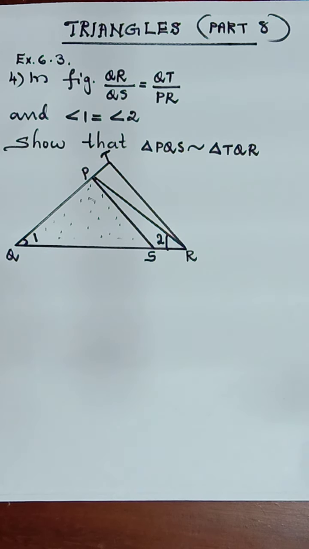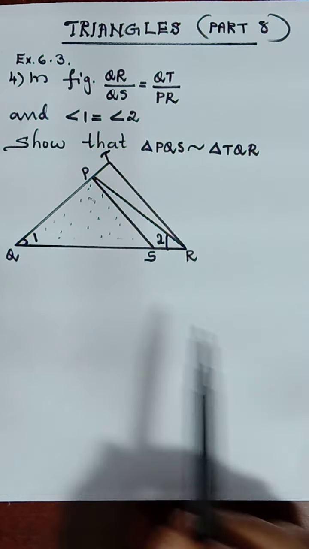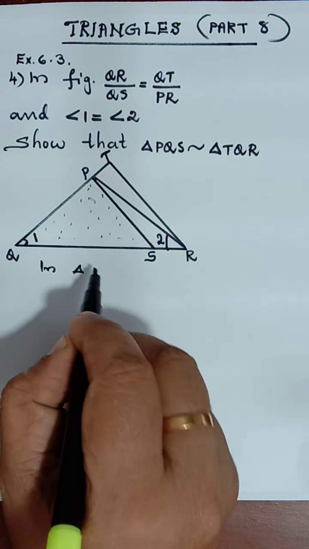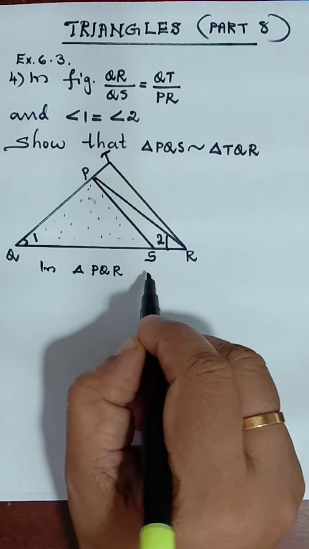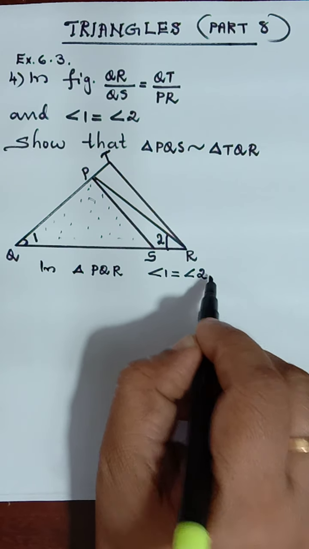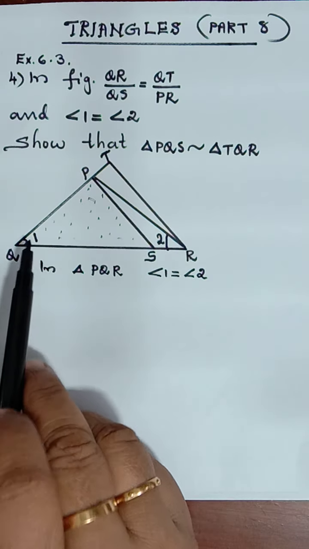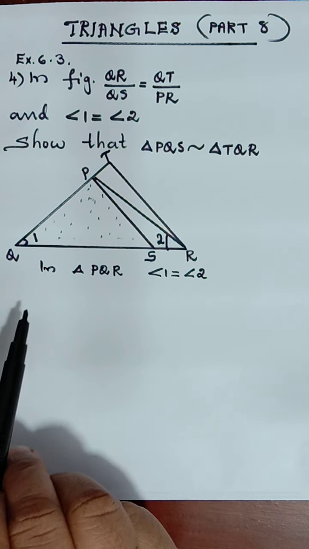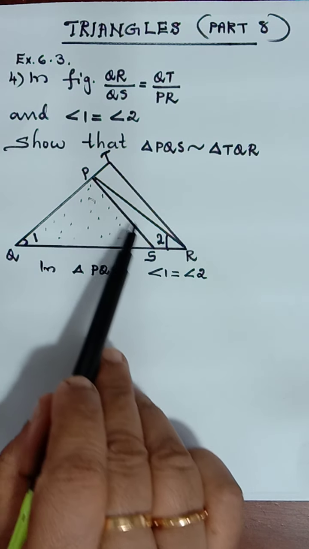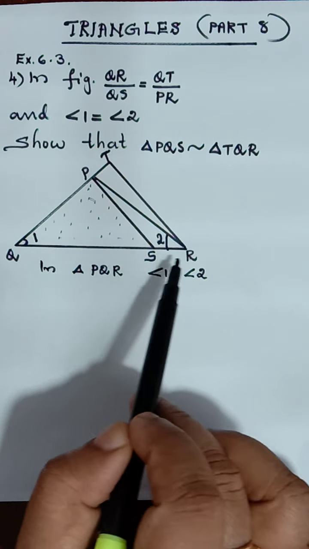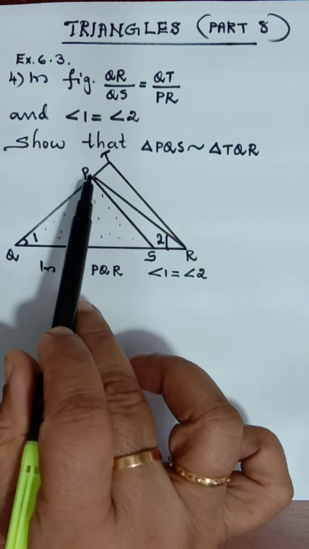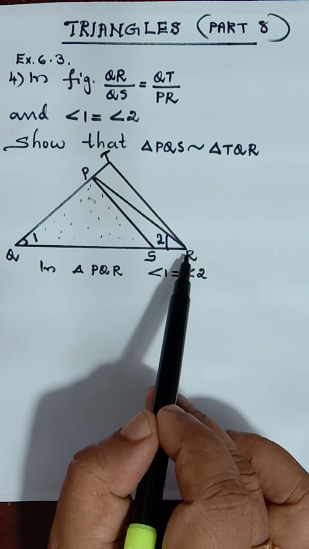So first let us think of the clue given. Angle 1 is equal to angle 2. That is in triangle PQR. So we can say that in triangle PQR, angle 1 is equal to angle 2. If two given angles are equal, their opposite sides are also equal. Angle 1's opposite side is PR. Angle 2 is formed by PR and QR.